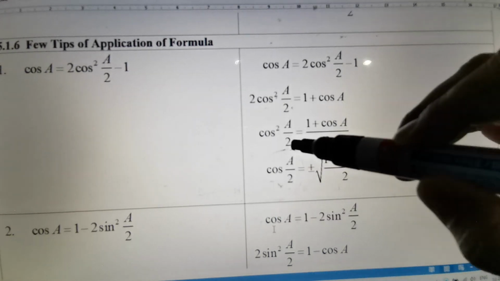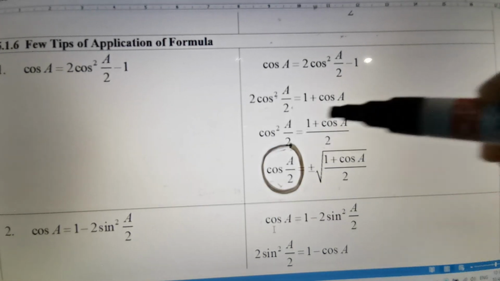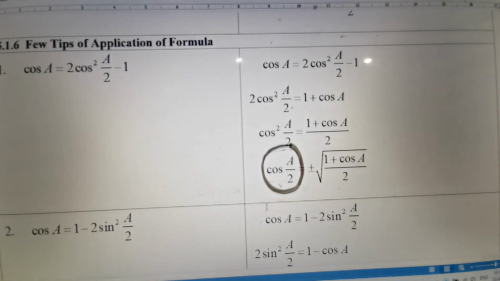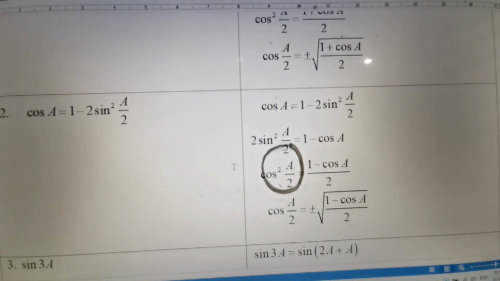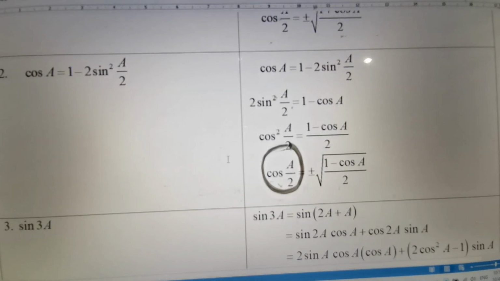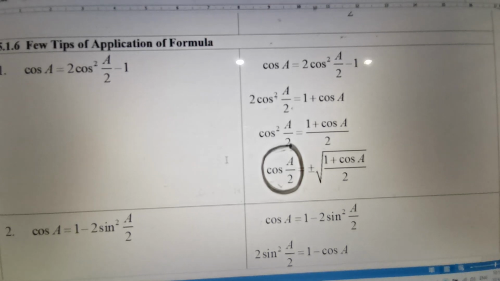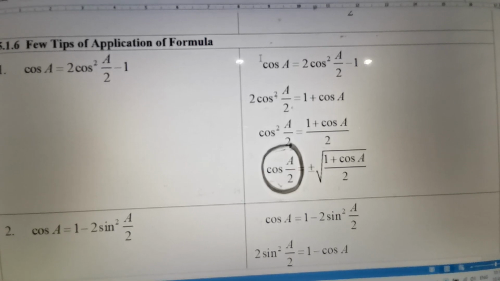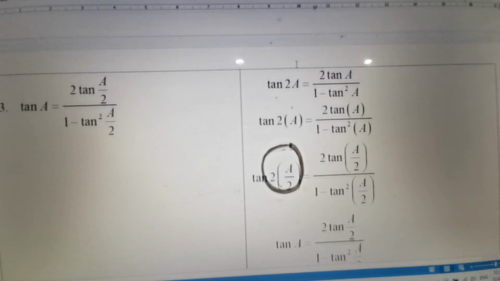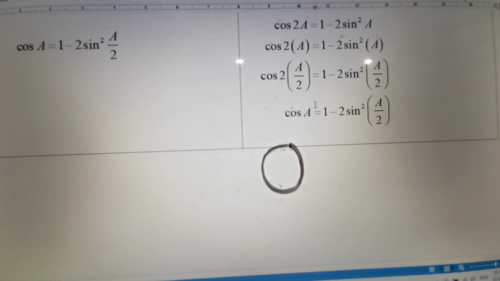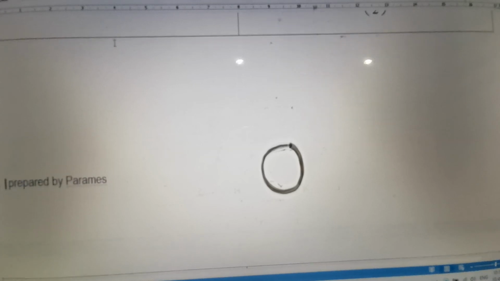Can you see cos (A over 2)? And there's another cos (A over 2) also. To get cos (A over 2), you cannot start with cos (A over 2) when you answer this question. You have to start with cos A, which we already found on top. Remember? This is the one we're going to use.